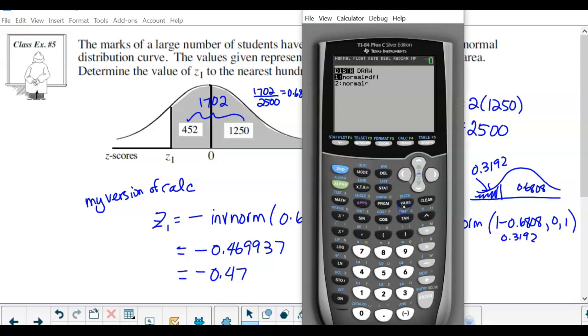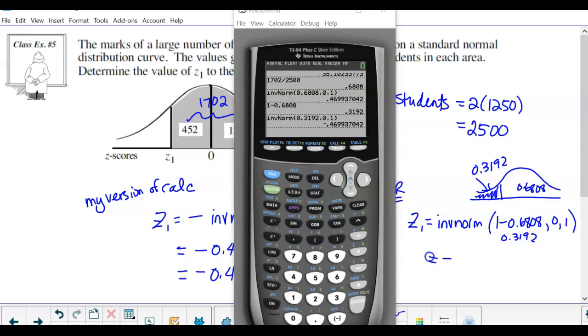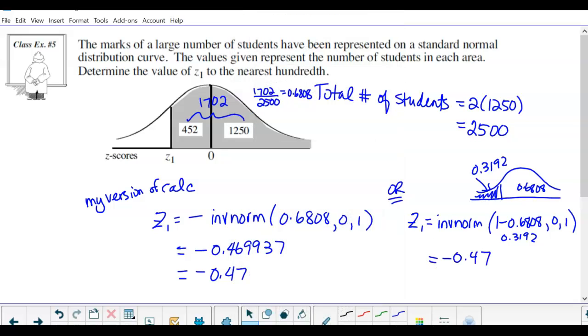If I do inverse norm of 0.3192, I get negative 0.47, which is there. So some slightly different ways of doing it, depending on your calculator. I think that was the last question.